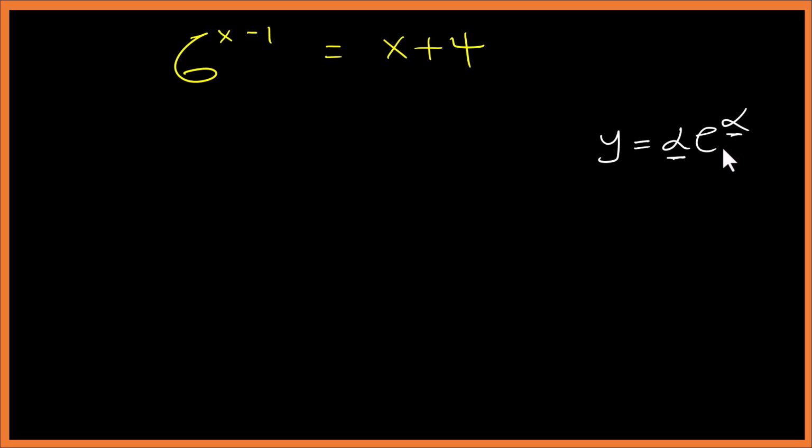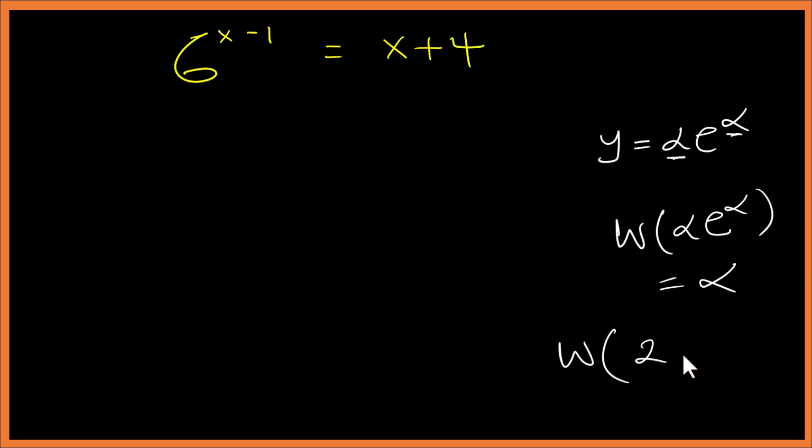Because when we're given W function of alpha e raised to alpha, the answer becomes alpha. Okay, so W function of 2 times e raised to 2, so whatever I have here equals that. Once you take the W function, the answer becomes 2.